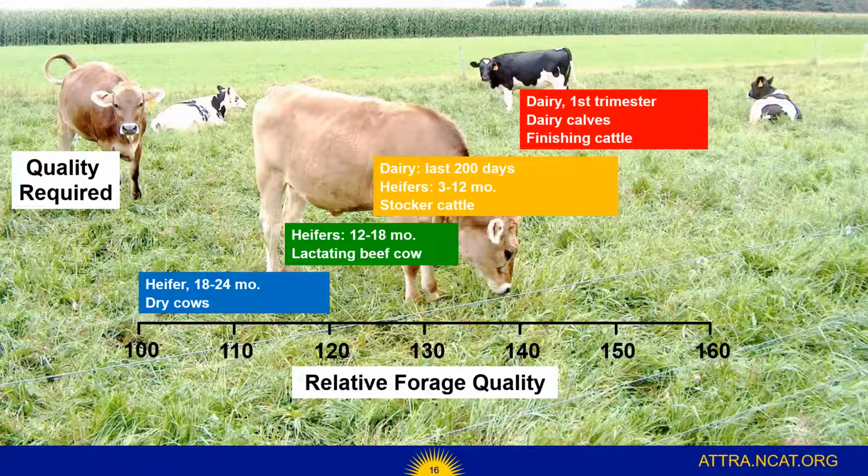Those animals are a lot less forgiving of our mistakes, because the quality of diet that they have to have is much, much higher compared to an animal in their second trimester that doesn't have a calf or a lamb at their side. Next slide, please.